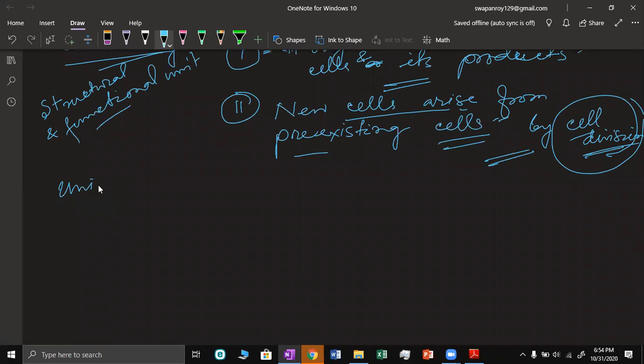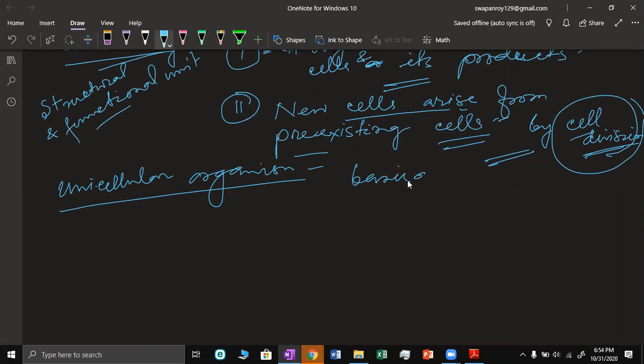Organisms are either unicellular or multicellular. For unicellular organisms, cell division is the basis of multiplication, that is, they multiply, they increase their number.